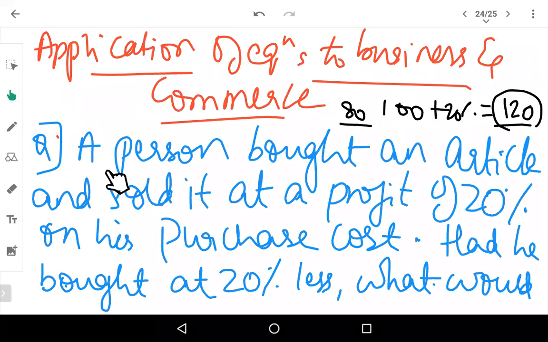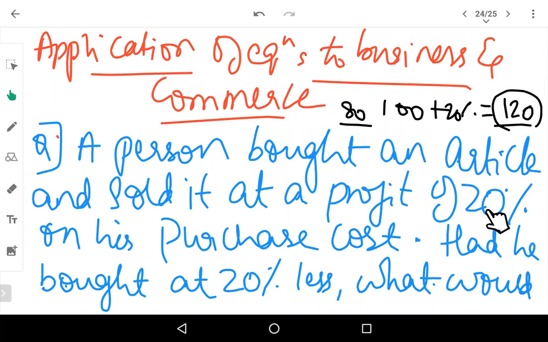See, a person has bought an article. Article may be any product. It can be a flower vase, a showpiece, a normal cricket ball, or a bat, or let's say a chocolate. Anything can be bought. But what is this person doing? He has bought the product and sold it at a profit of 20%.